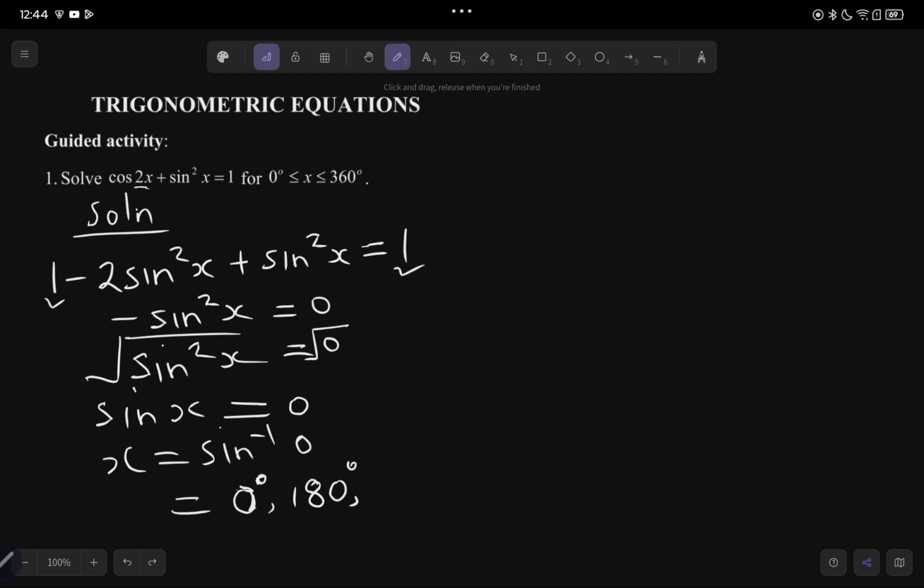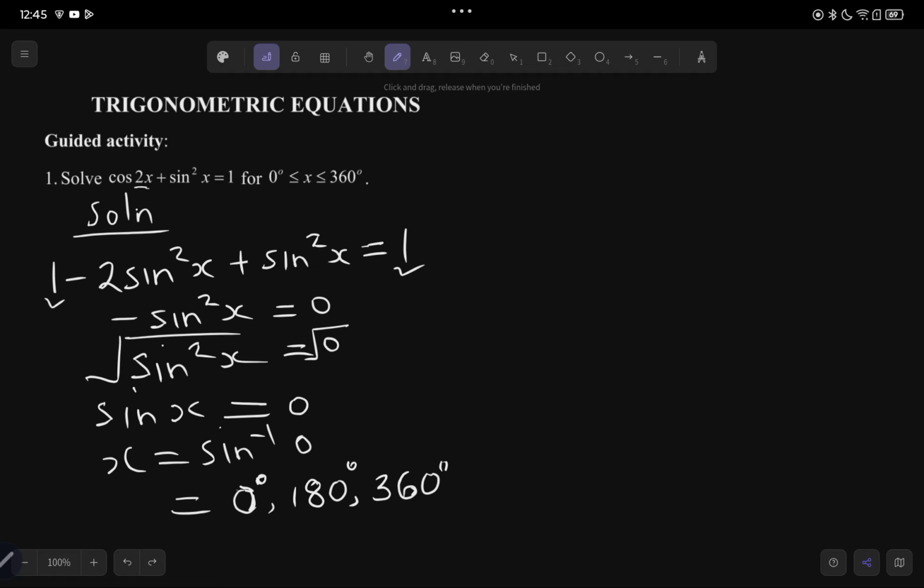But even if we take it to be negative, sine is negative in the third quadrant. 180 plus 0 is still 180. Then in the fourth quadrant, sine is negative. So if we take 0 now to be negative, since it is neutral, we can have 360 take away 0, which is still 360 degrees.